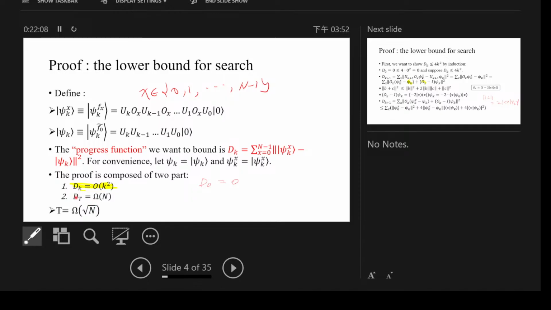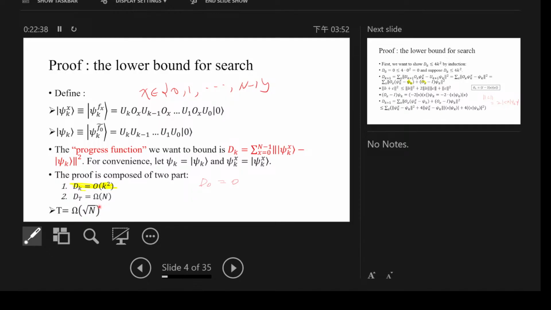Intuitively you are summing over n terms, so each term needs a constant probability to distinguish, so each term should have a constant distance, and the sum over n terms should be omega of n. Then you combine those three facts, and you get that T needs to be at least omega of square root n. So that's the high-level idea.